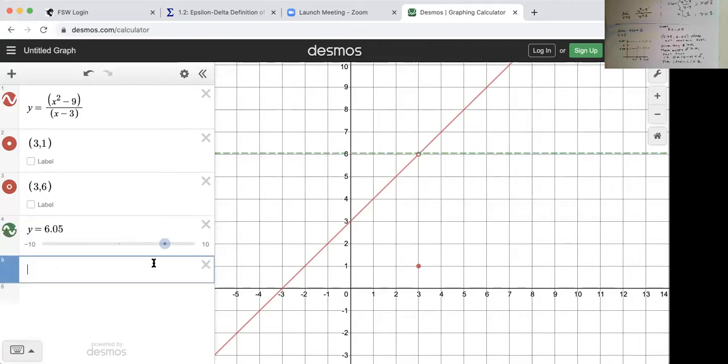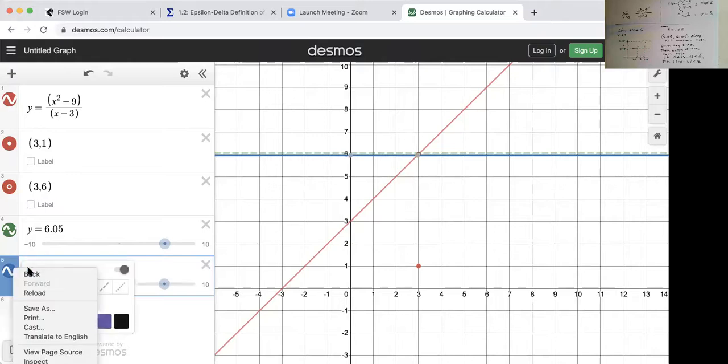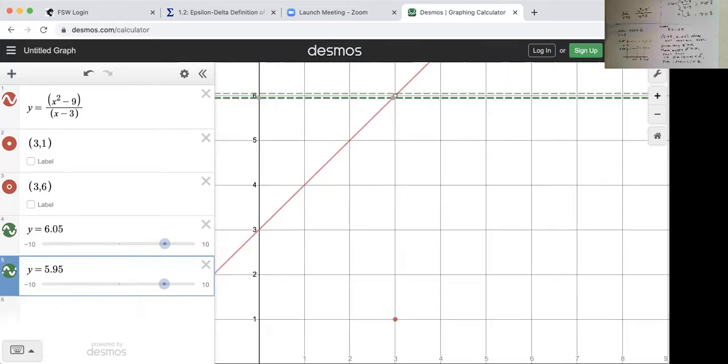And then I need y equals 5.95, which I will make green and dotted. And I need to zoom in close enough so that all of the values of the function are within those 2 dotted lines. Now notice this one will not be. And like I said, what happens at 3 is irrelevant. What happens near 3 is what matters.